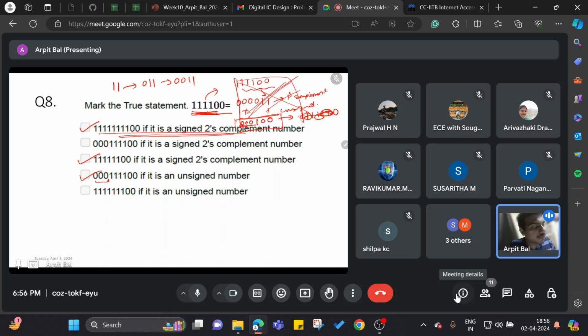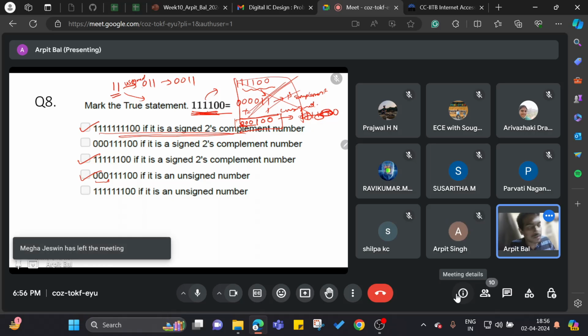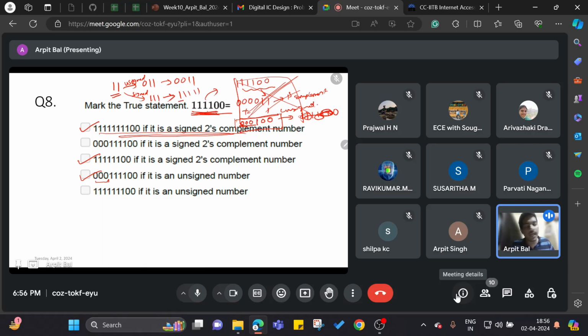But if 1 1 is given as a signed number, then that will be equivalent to 1 1 1 or 1 1 1 1, as many ones as possible.